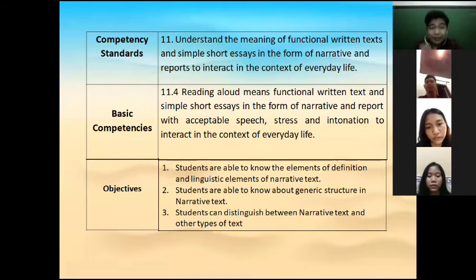Okay, the first is the competency standard, that is to understand the meaning of the function of written text and simple short essays in the form of narrative and report to interact in the context of everyday life. And then the basic competencies, reading aloud the meaning of function written text and simple short essays in the form of narrative and report with acceptable speech, stress, and intonation to interact in the context of everyday life.